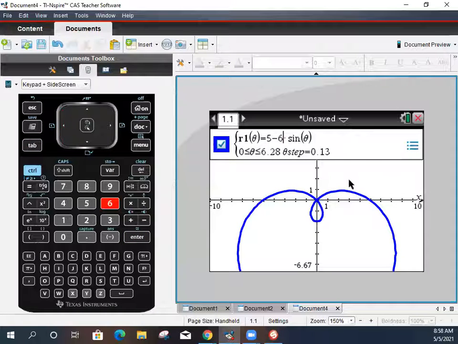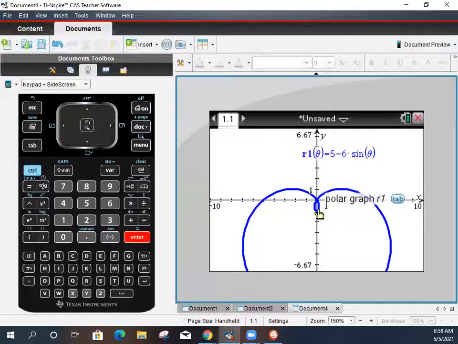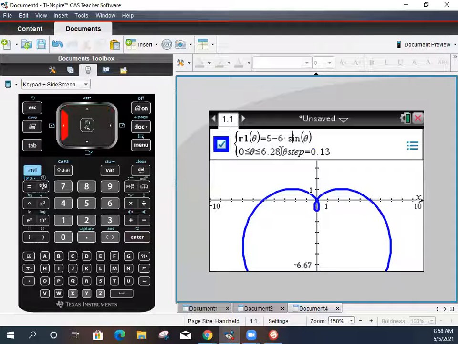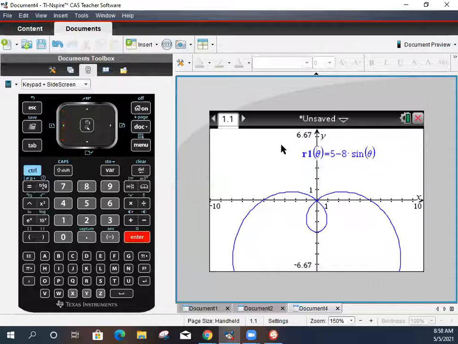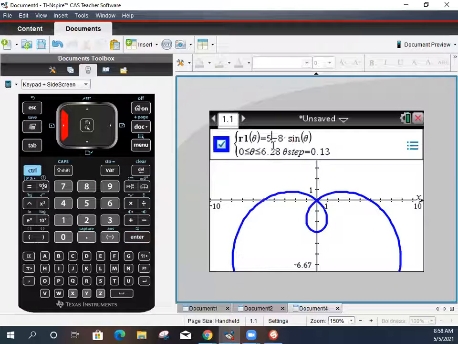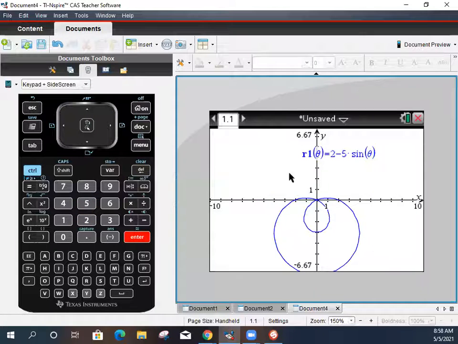When B is 5 and A is 6, the loop has a length of 1. And then if I make this an 8, now the loop is 3. Now if I change this to a 2 and make this a 5, the Limaçon changed its size, but the loop is still 3 units.